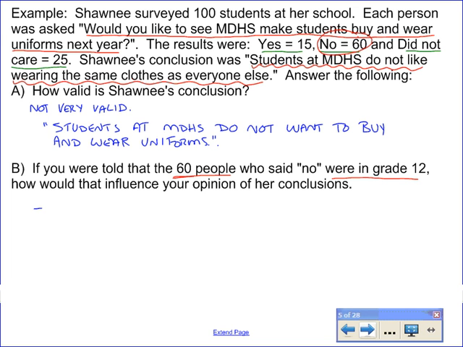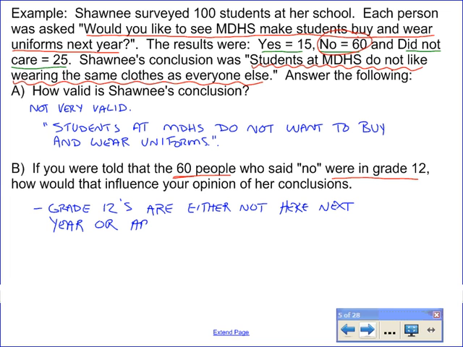Well, grade 12s are either not here next year, or are only back for 1 year.